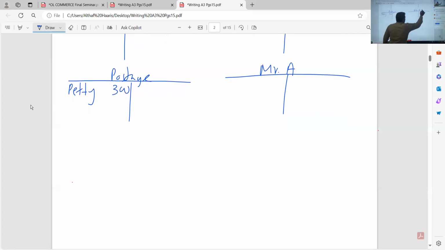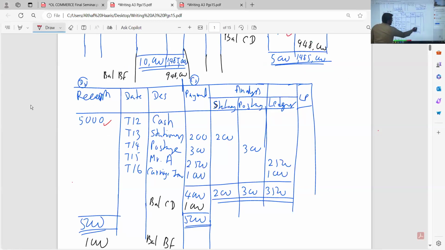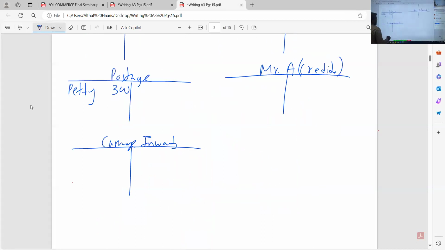So he's a creditor. For the creditors only we make payments. And carriage inwards. So what are the values? 2,500 and 1,000. So here it is credit side. Here everything will come to the debit side.